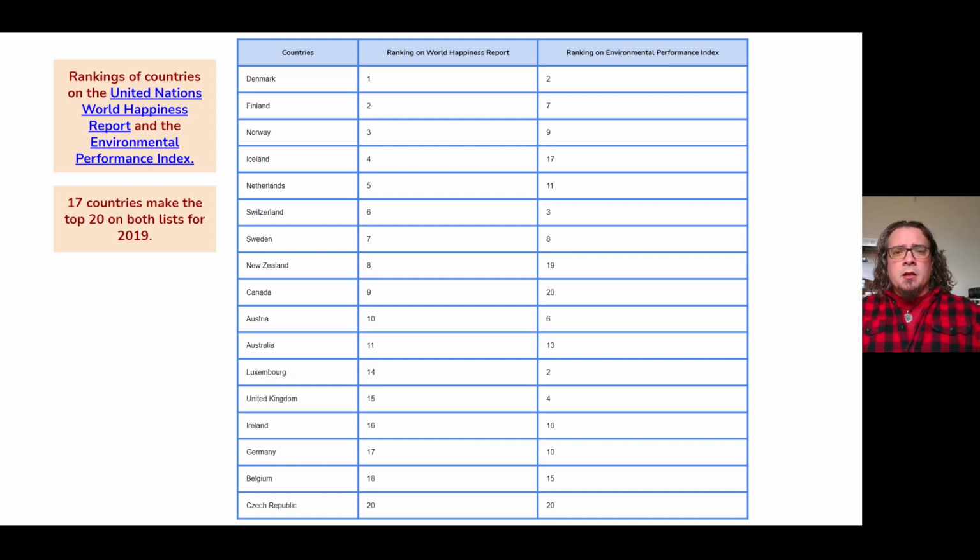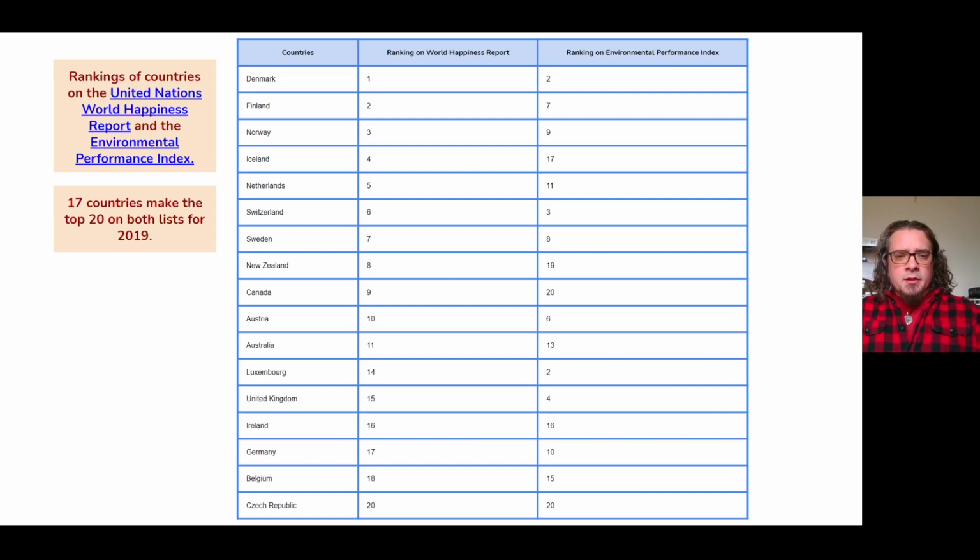There is a fairly strong correlation. 17 out of the top 20 countries on both lists are the same countries. Now, they have different ranking positions, right? So Canada, for instance, is number 9 in the World Happiness Report, number 20 on the EPI. Fine, right? But the overall trend is that if you're on top of one, you're probably on top of the other. Okay?